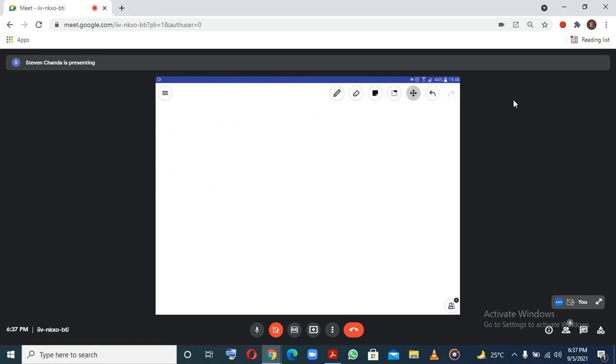So what we basically do for this one is the 3-step continuity test. What happens for the 3-step continuity test?